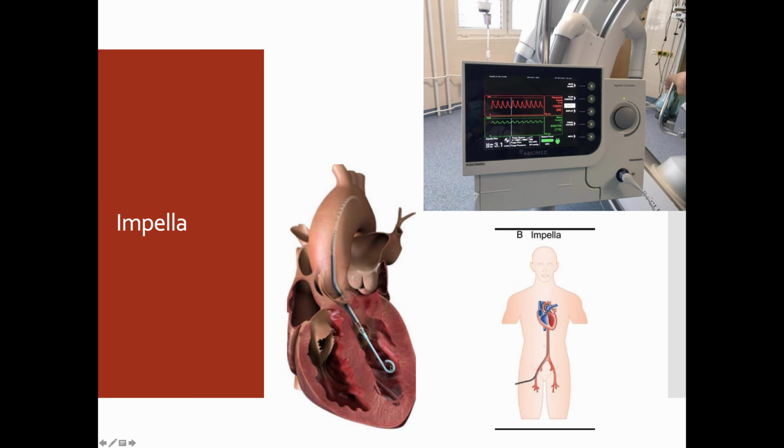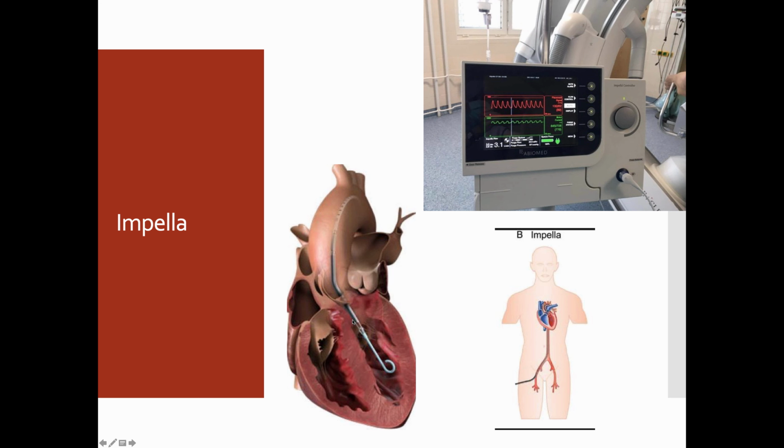So here's what happens. The device goes into the ventricle, and there's a pigtail catheter here. So poke a hole through the ventricle wall. And at the end of the catheter, the blood gets sucked into it, and then it goes up the catheter and gets ejected out here in the aorta.